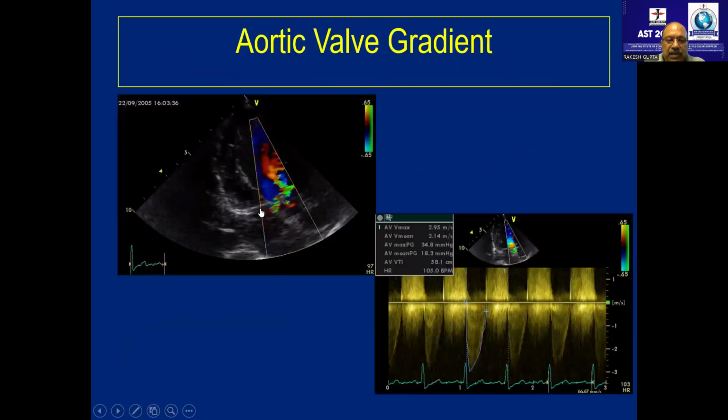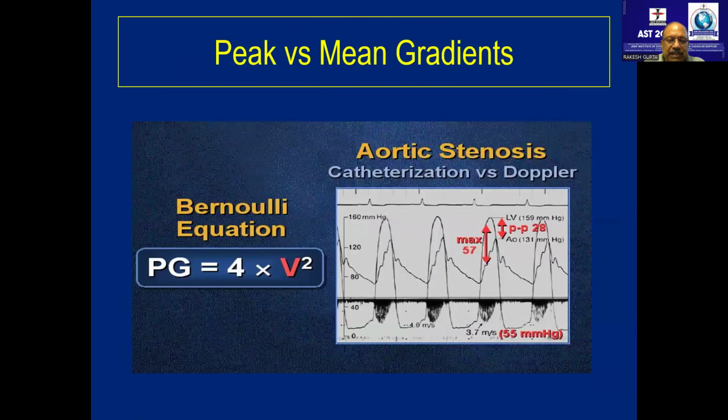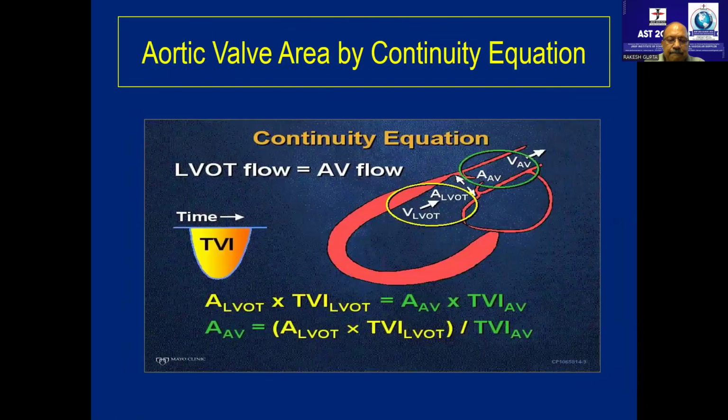Let me just look at a picture in case I've got. Yeah. Now this is a diagram again more than 25 years old. Whatever the blood which is crossing LVOT has to cross through the aortic valve, which is stenotic. So this aortic valve has got two components, aortic valve VTI and aortic valve area.